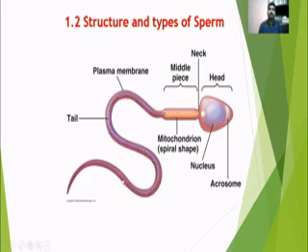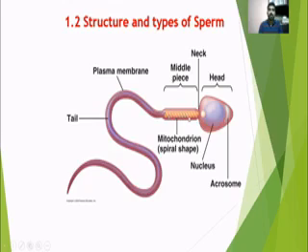This axial filament is nothing but the skeleton of this sperm. There are 9 plus 2 microtubules present, and they give the motility and the structure, or the skeleton, of this sperm.